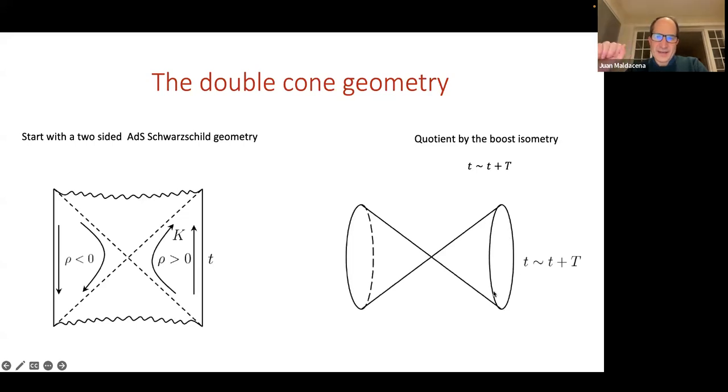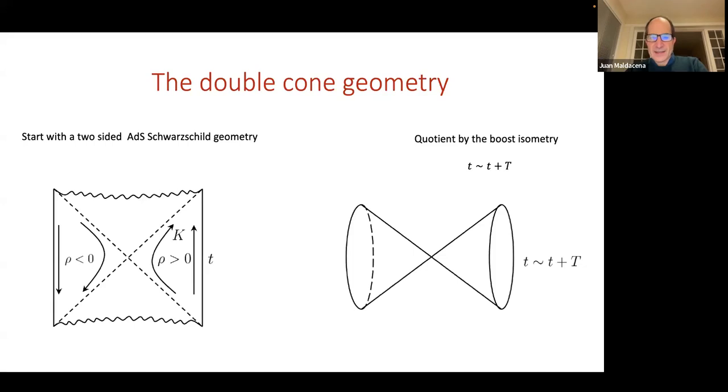Now that might seem confusing, but it will be related to the type of observable we are computing. It's a somewhat funny observable. We'll discuss it in a second. But for now, we are discussing just the space-time geometry, which contains this circle, and that circle shrinks where the horizon was before, and we have a similar geometry on the other side.